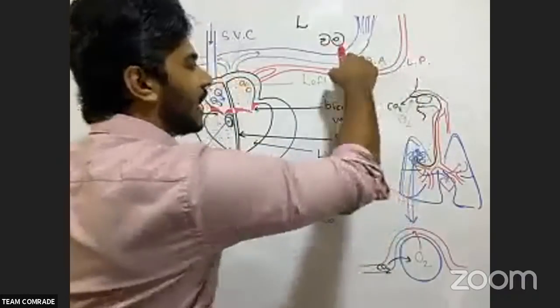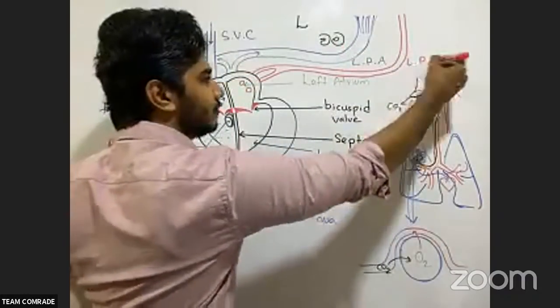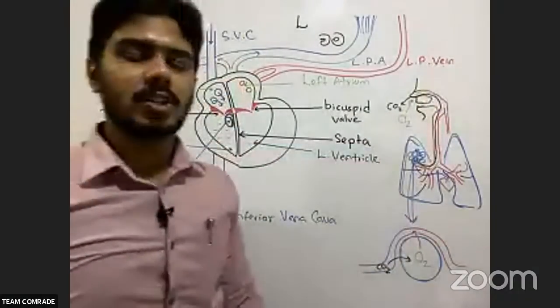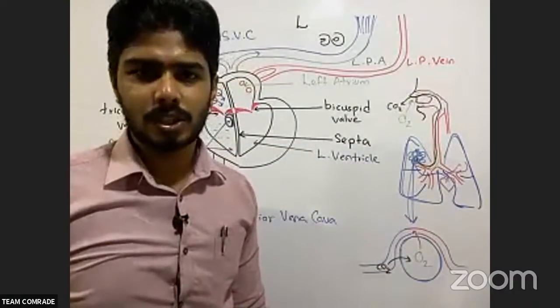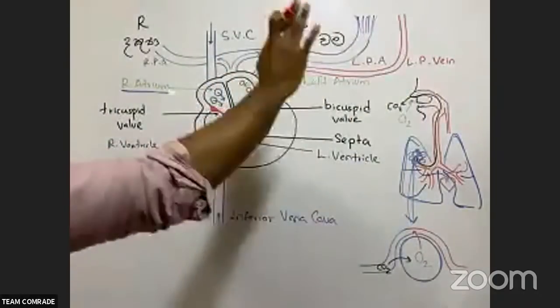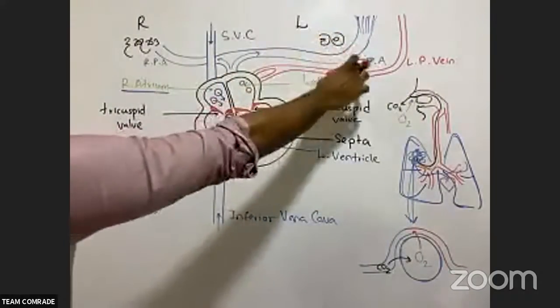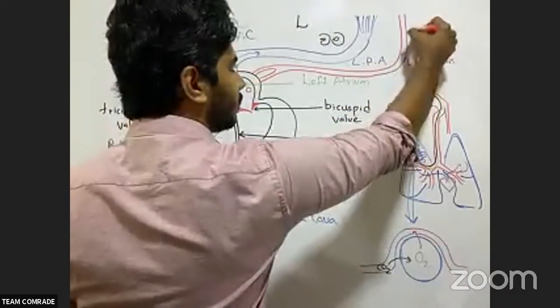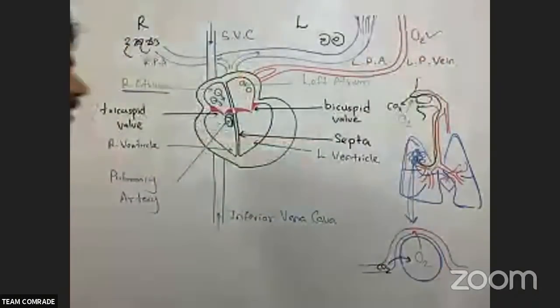If this is the artery, this is what? Vein. The only vein which has oxygen. So it's called the left pulmonary vein. This is the left pulmonary artery, no oxygen. Here the left pulmonary vein has oxygen.